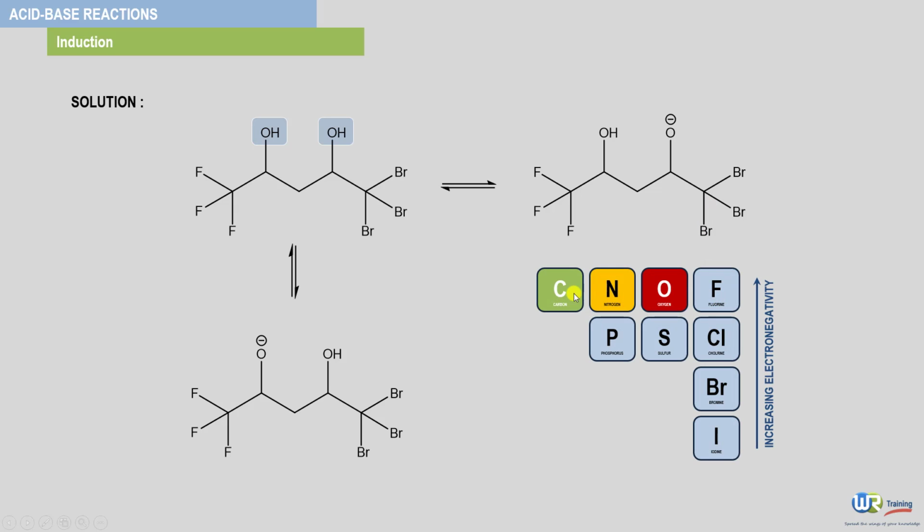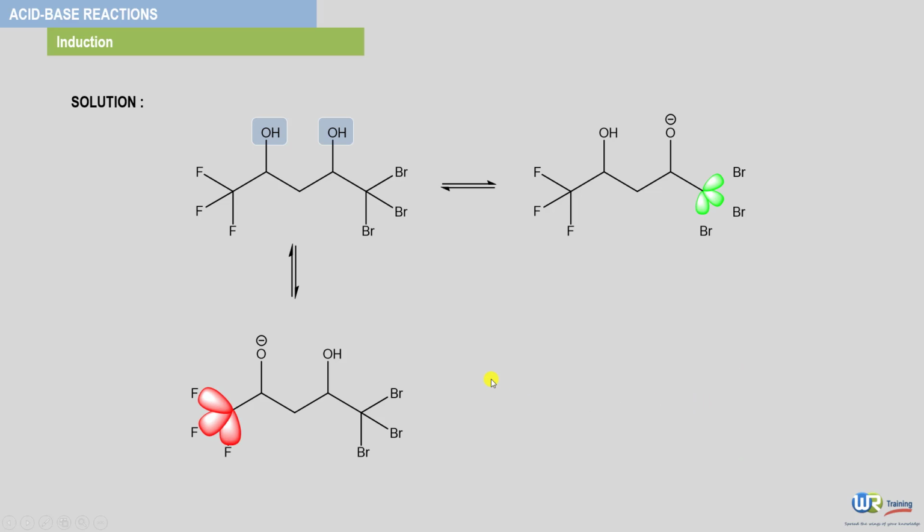If you recall from the periodic table, fluorine and bromine are situated in the same column. And since the electronegativity increases in this sense here, then fluorine will be more electronegative than bromine. And so the inductive effects here will be more important.